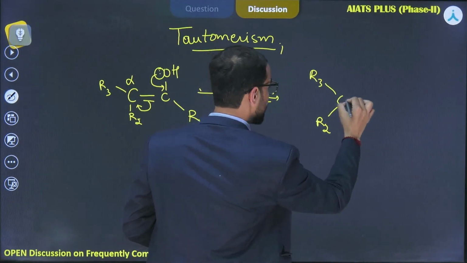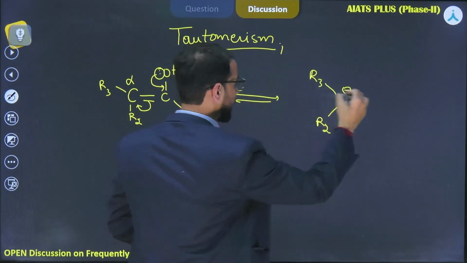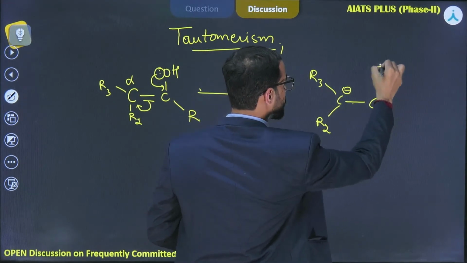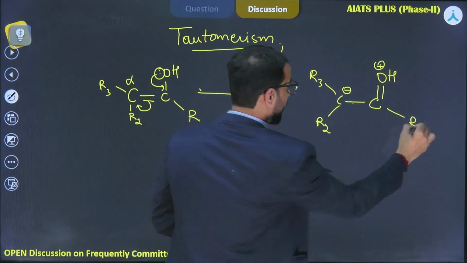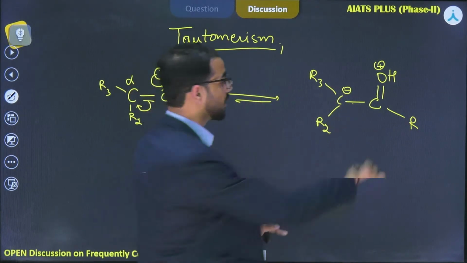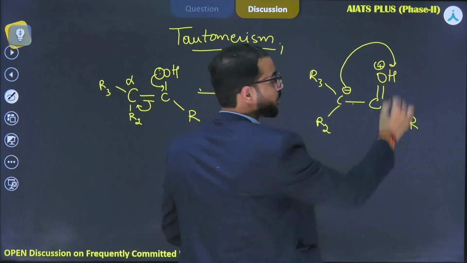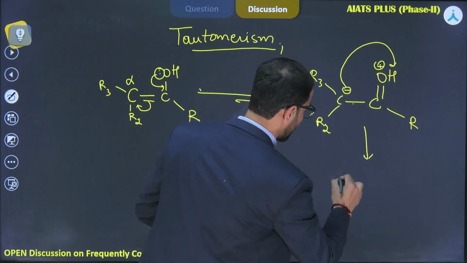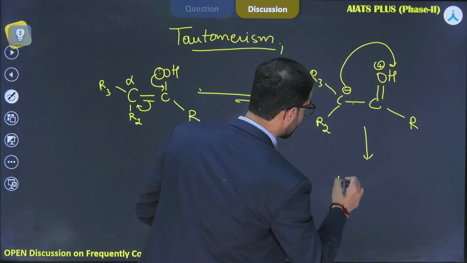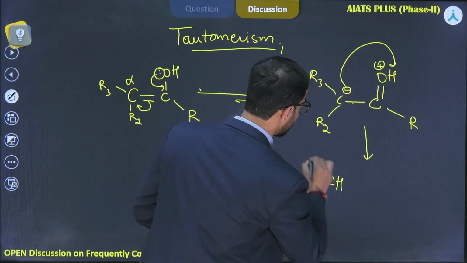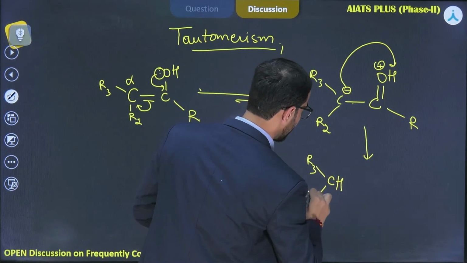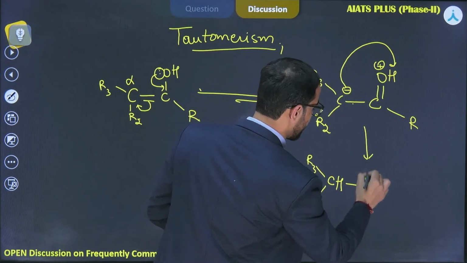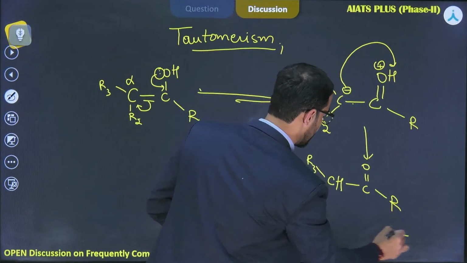The negative charge will come over here, and C double bond O, H positive, and R. The negative charge formed will directly take in a proton. We can say that intramolecular proton transfer will occur, and you will have H, C, R3, R2, C double bond O, and R.